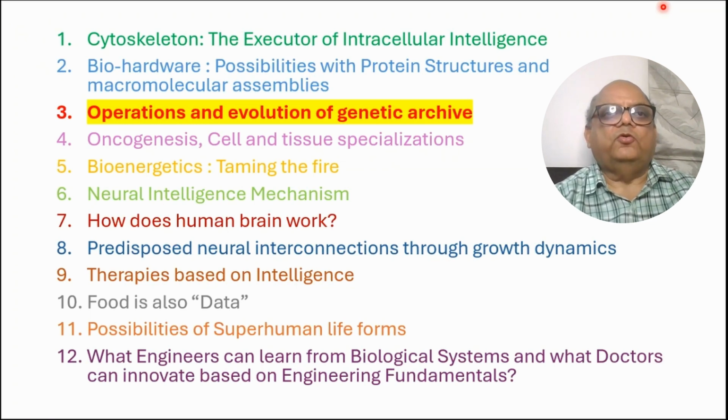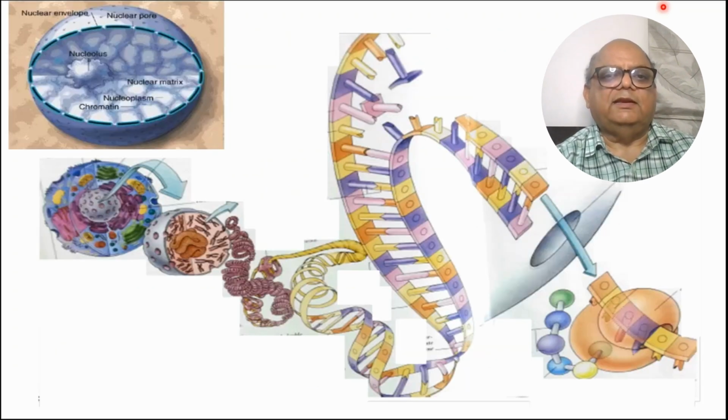Okay. So, if one looks at the cell, inside there is a nucleus. This is a bigger view of the nucleus. Inside the nucleus there is a nucleolus, which is basically storage and synthesizing the rRNAs.